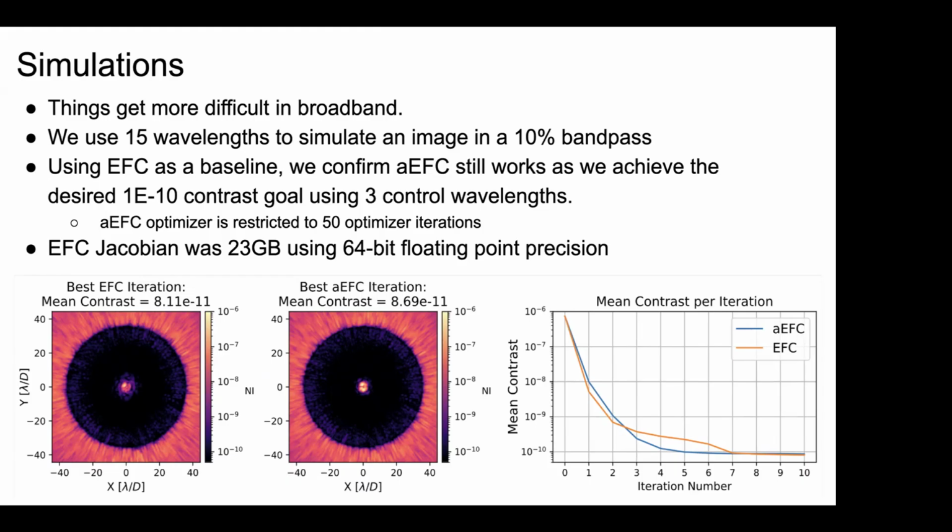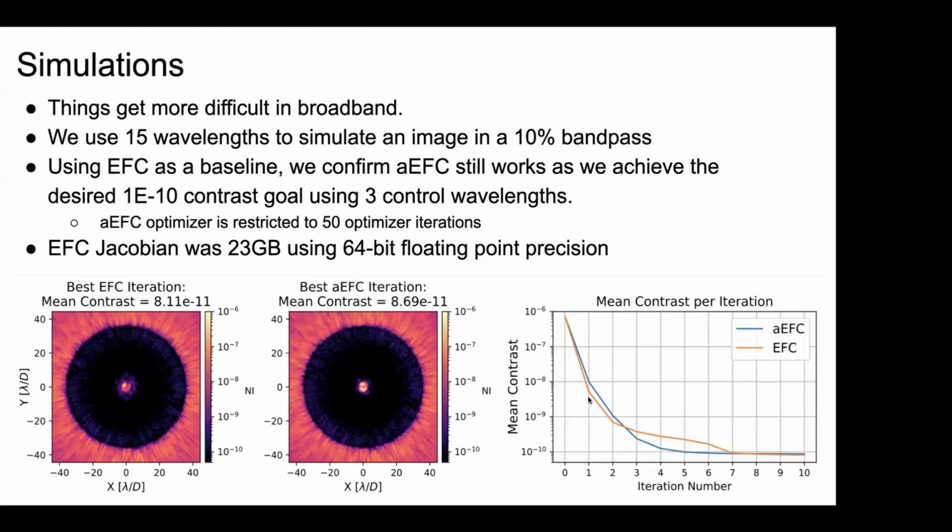One note is that, can I ask a quick question? Is the curve from one trial, or an average? What do you mean? This is 10 iterations of EFC and aEFC.